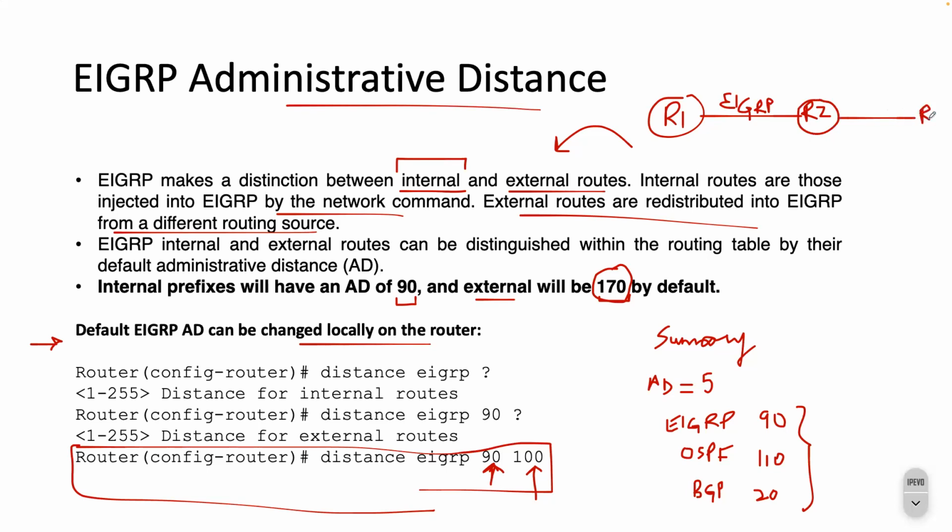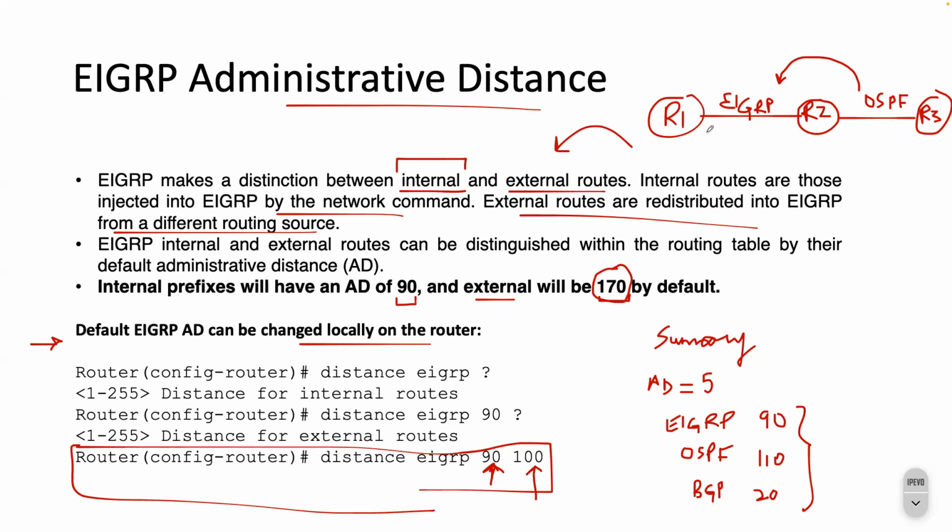Between R2 and R3, let's say you are using OSPF, and we configure redistribution on R2. So R2 is redistributing OSPF routes into EIGRP. With respect to EIGRP, those OSPF routes are external routes. They are not my internal routes. They are called external routes.